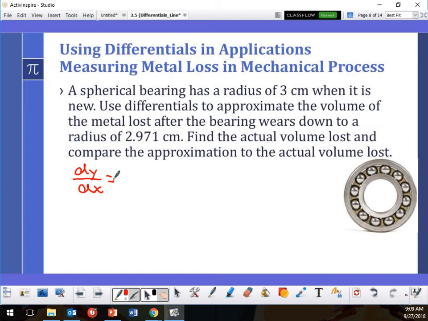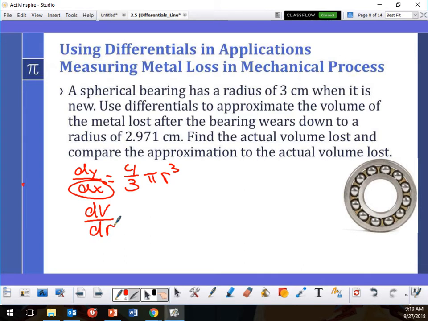All right, so let's take a look. We're gonna have 4/3 pi r cubed, right? Yeah. Okay, so now we're gonna try and do this because we're gonna have a change right here, right? This is gonna be the change in r, isn't it? So this should be like a dv. So this is dv, and this is a dr, right?